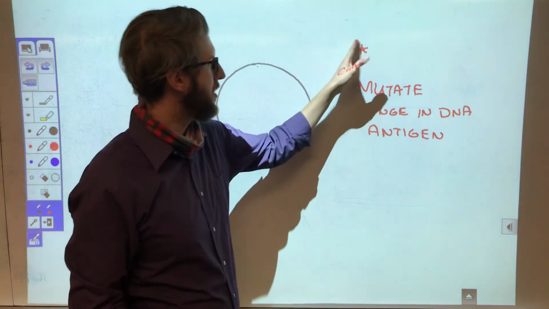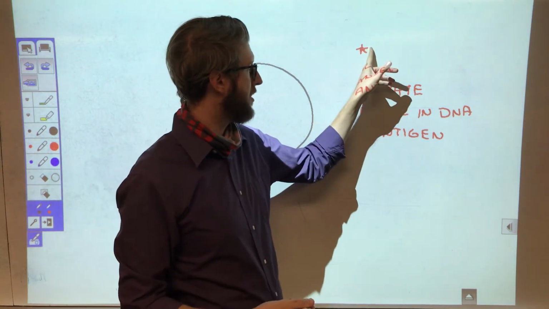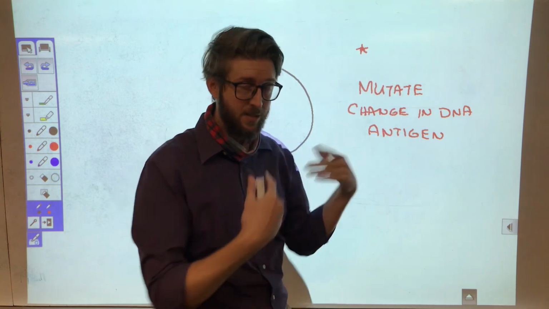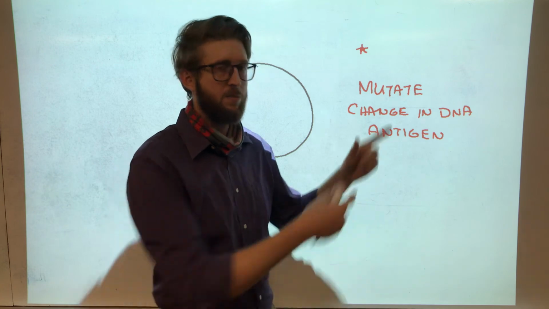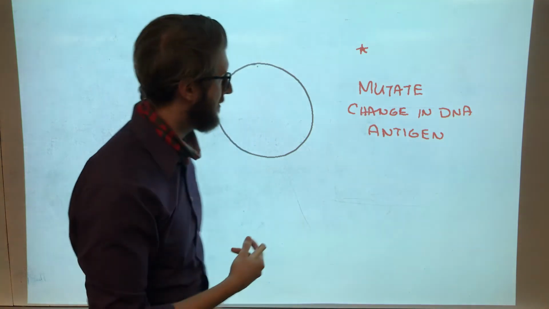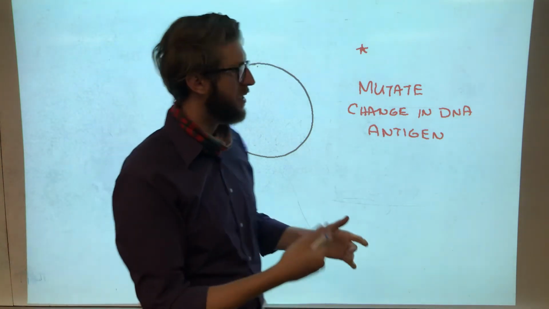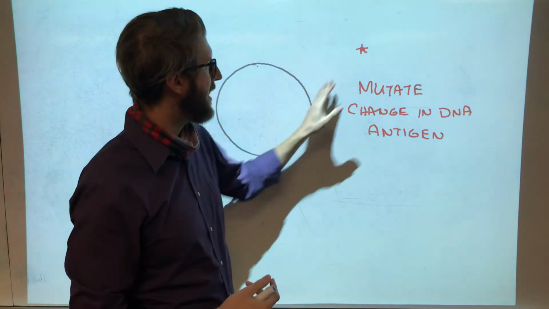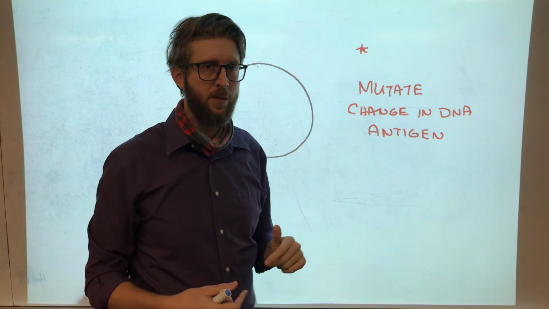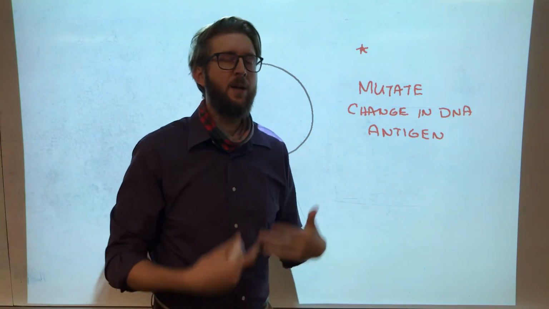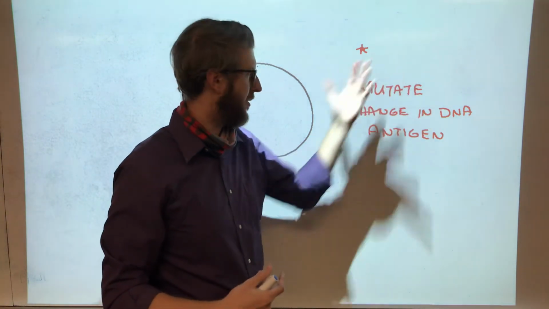So if this virus mutates, maybe the antigens are different, maybe the DNA that's inside the virus is different and produces different symptoms. But the point is that your body may not even recognize that same virus after it's mutated. So it has no idea how to defeat that virus.